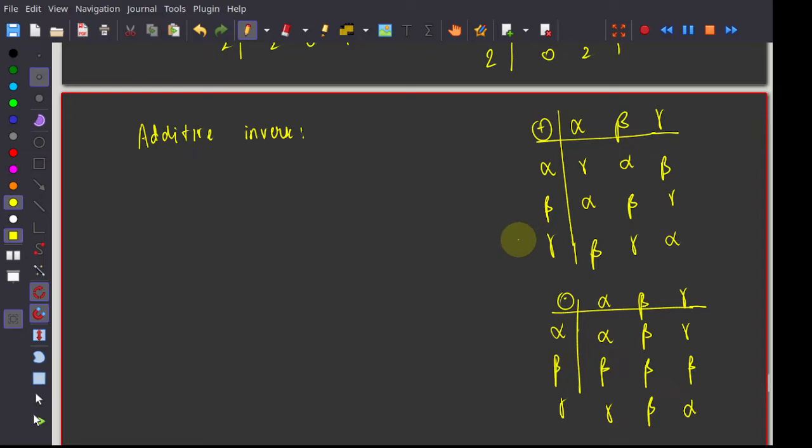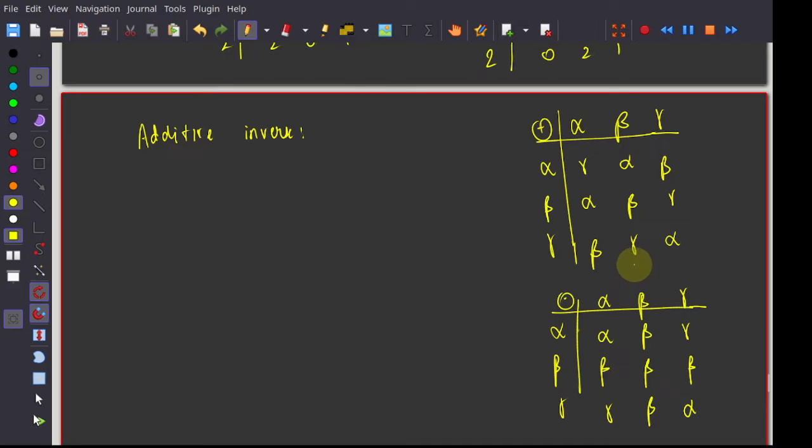So let's look at addition first. Okay, so let's look at each property. So first it is closed, right? Because all the entries are within the same set, alpha, beta, and gamma.